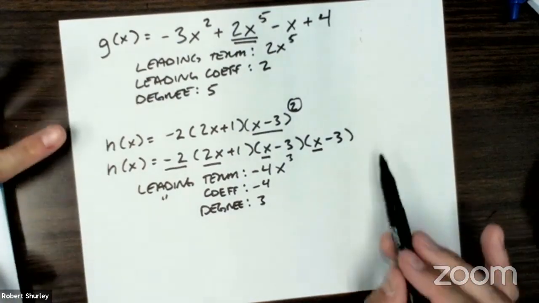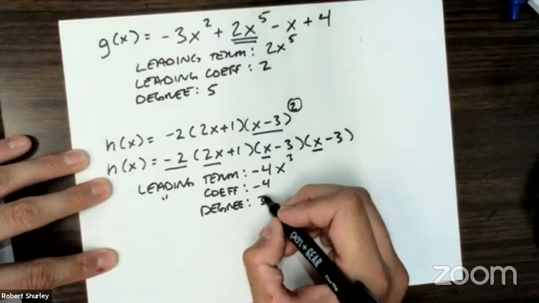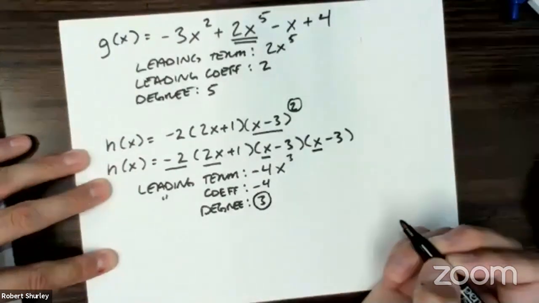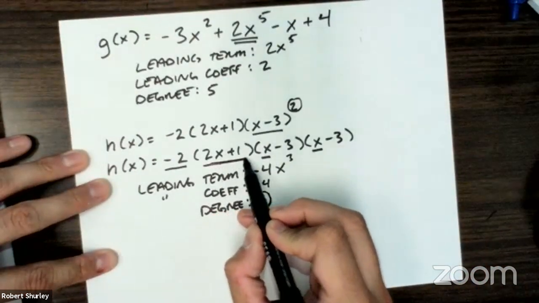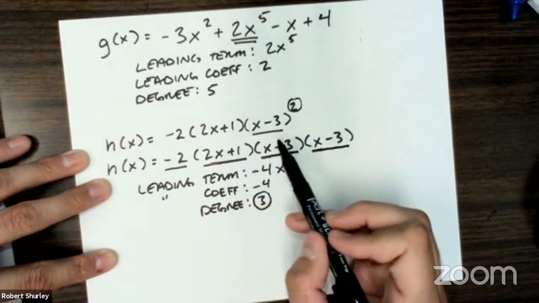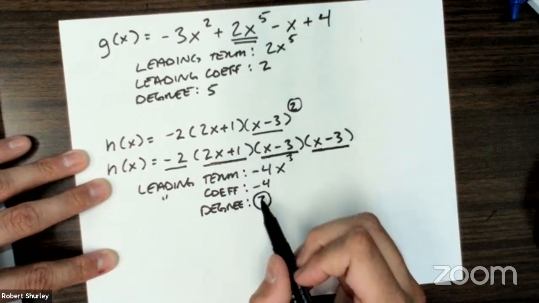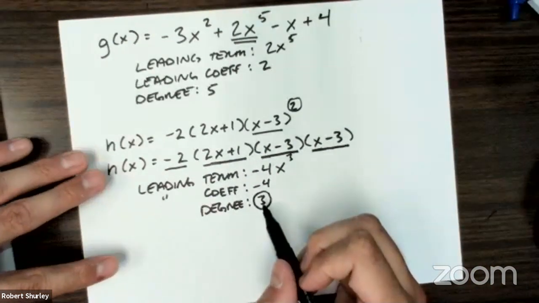Now I want you to notice something, because this is going to be important coming up. The degree will always match the number of factors with an x. Notice we have 3 factors that contain an x value. Therefore, our degree is going to be 3.